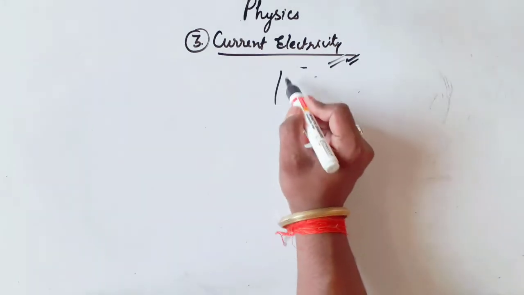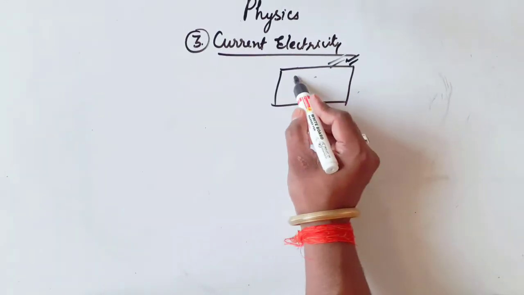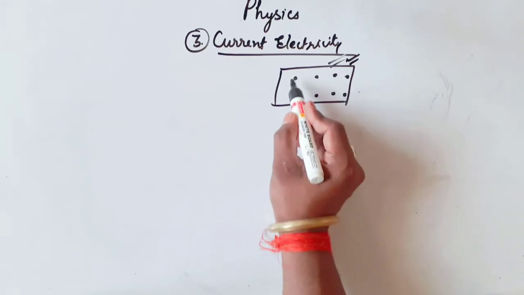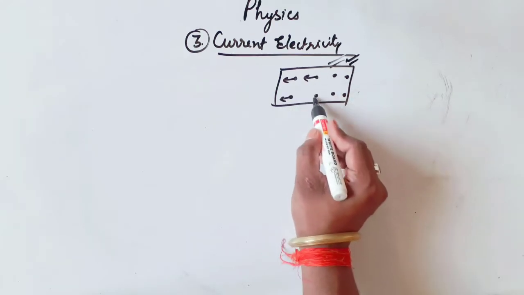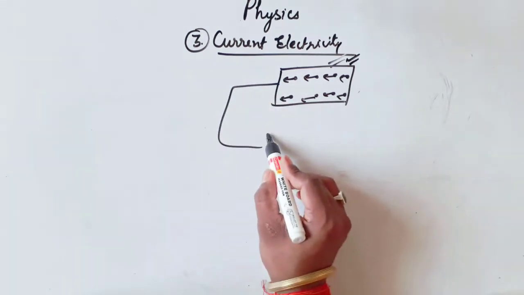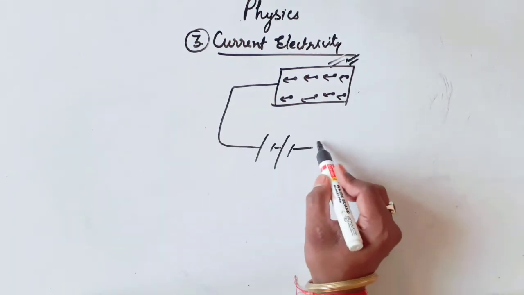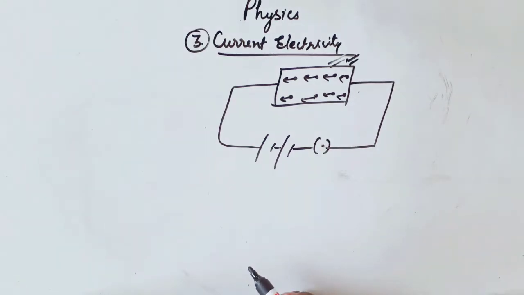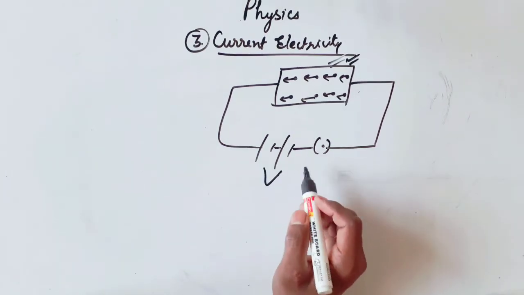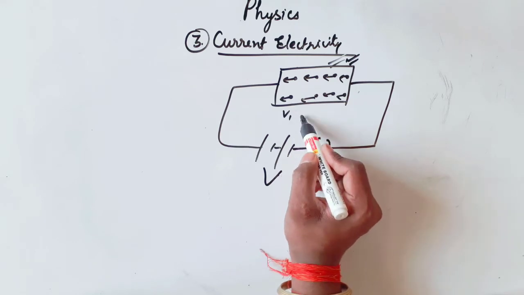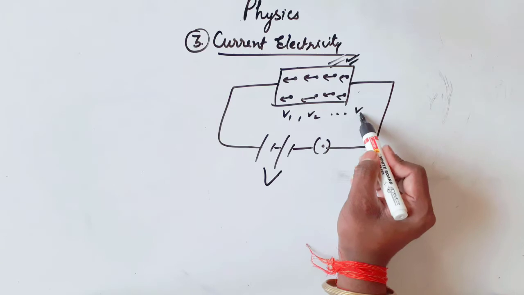Let us suppose a conductor having n number of electrons which are drifting towards the positive terminal of the battery under the influence of electric field. Here we are connecting it to the source, therefore it is moving towards the positive terminal of the battery on applying potential V. Let us suppose the velocities of the electrons are v1, v2, v3 and so on up to vn.